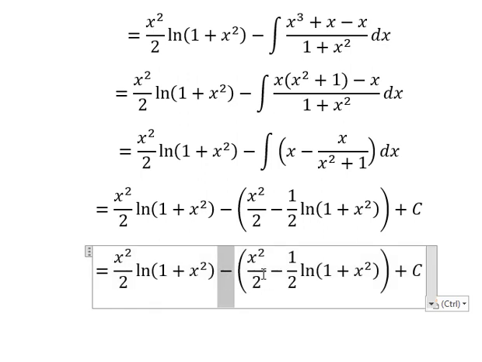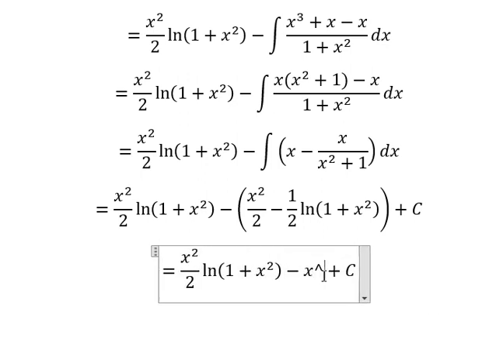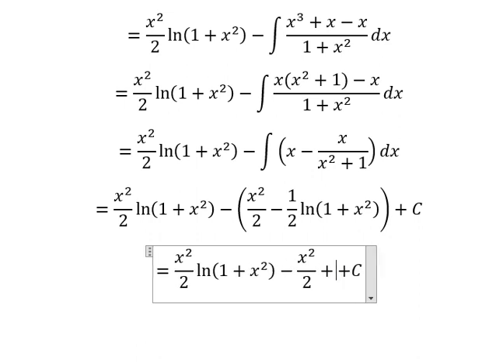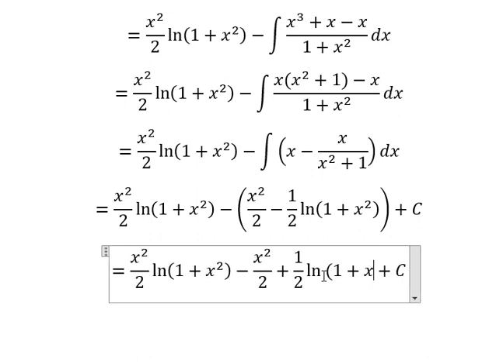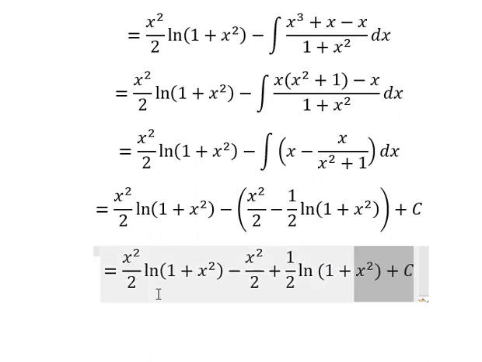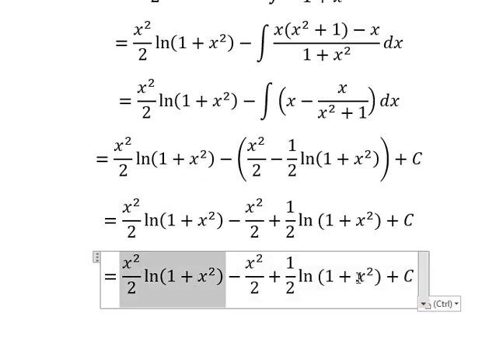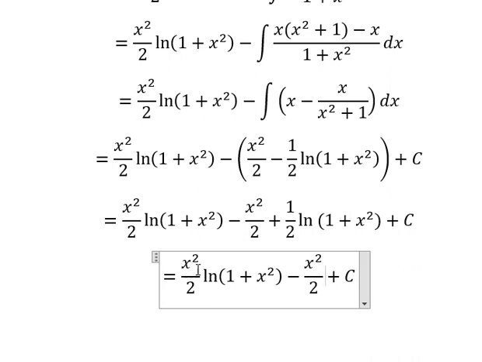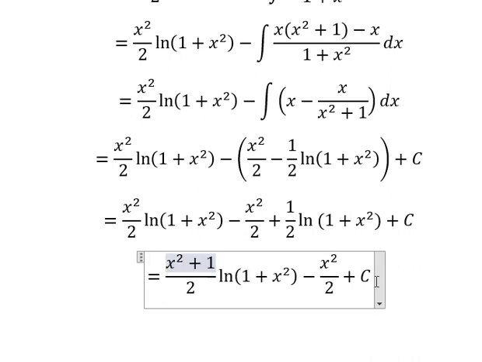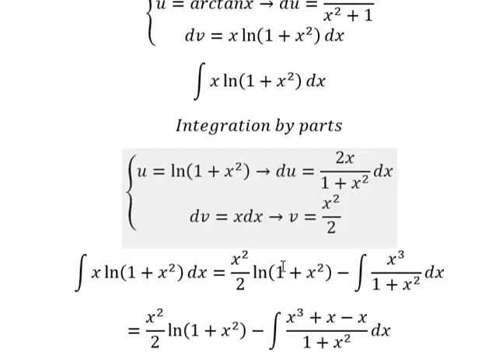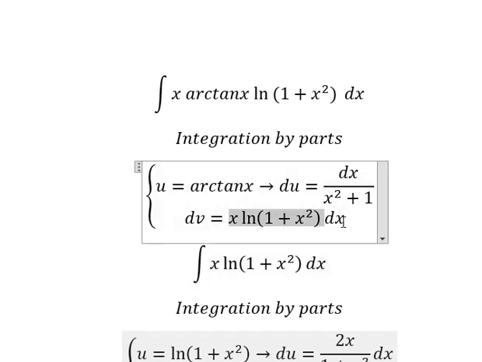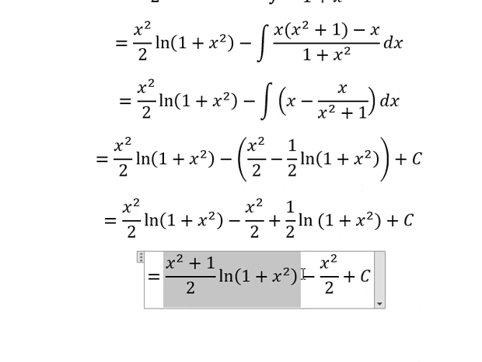So negative will change the sign of this one. Next, this one plus this one, we have like this. So the integration of this one is this one.